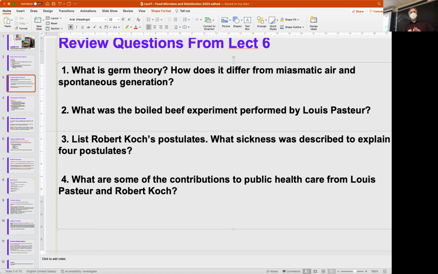You obtain a pure culture of that bacteria. And then the third postulate, you take that bacteria, infect another organism. And if that organism is infected and killed, it shows, and then what you do is you re-extract from that dead animal to show it's there.